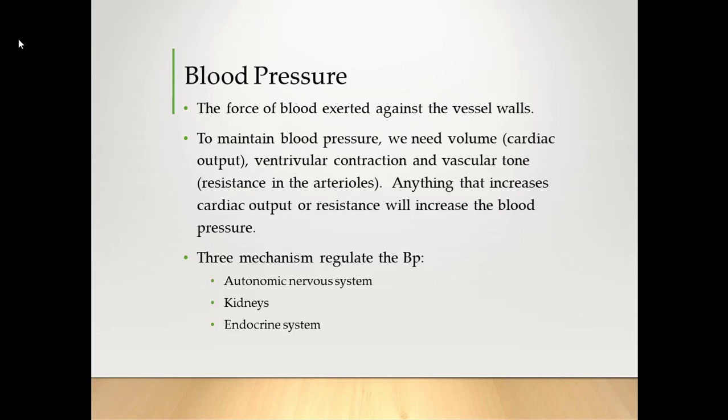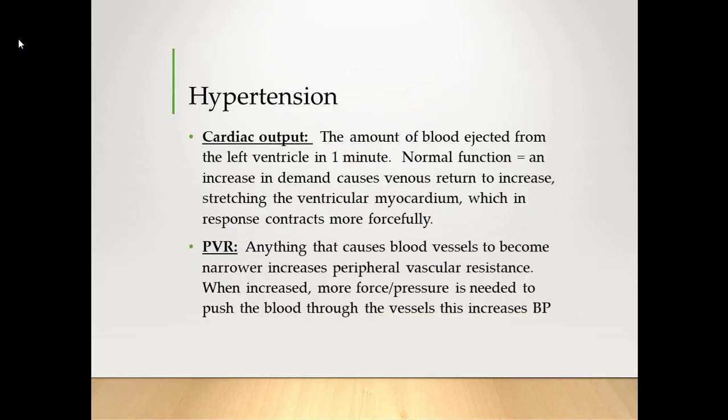Things that regulate the blood pressure are the autonomic nervous system, the kidneys, which are a huge factor in blood pressure, and then also the endocrine system. So, moving on to hypertension.